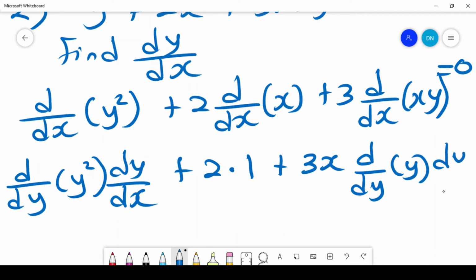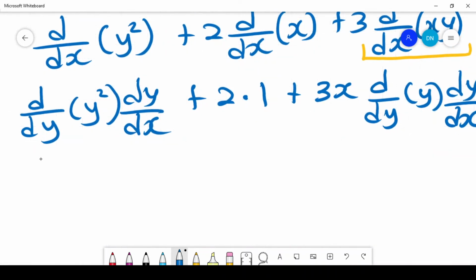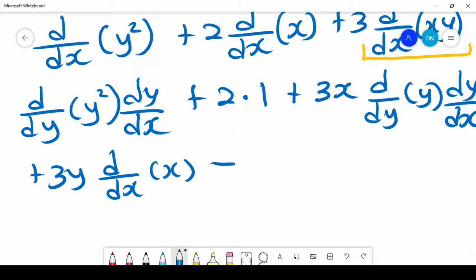Now remember, this part we are going to use the product rule because there is x and y. So now I've worked with y. Now I want to work with x, and that gives me 1.